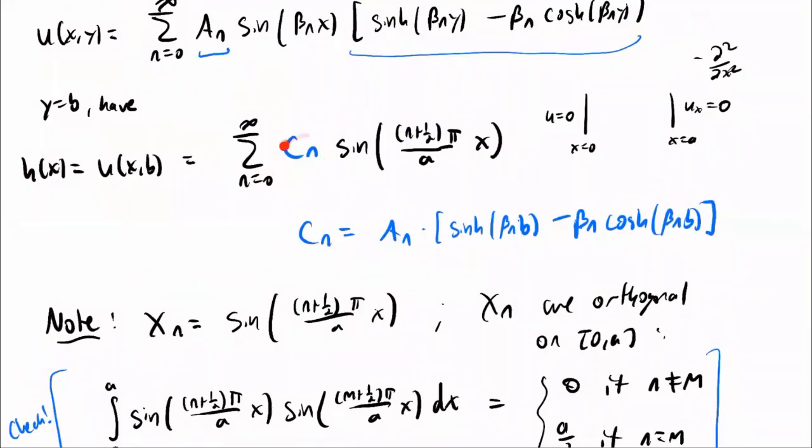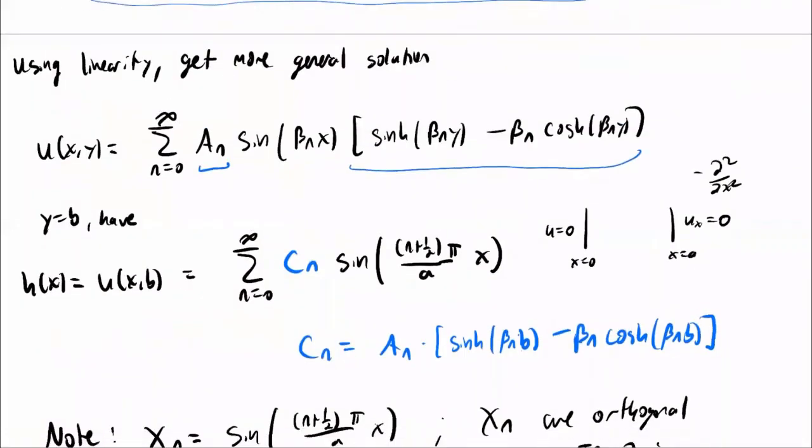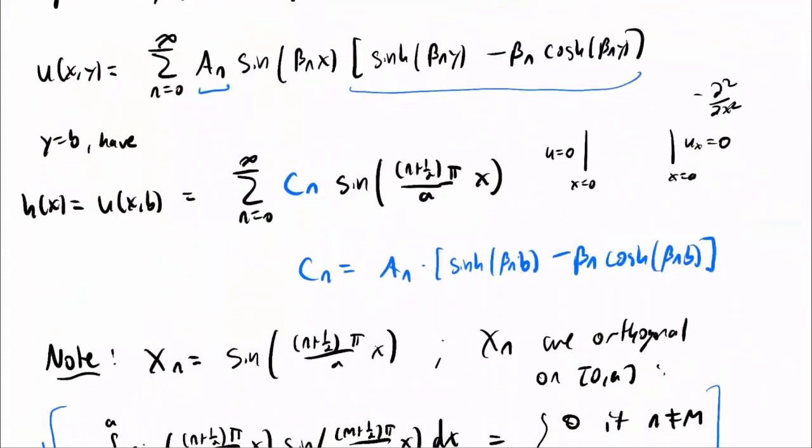Right, and so we calculated the Cn here. And so, well, now we're almost done. We want a final formula here in terms of h. In particular, we want to calculate An. Well, what we just did is calculate Cn using the theory of Fourier series, but I know how to write Cn in terms of An, right?